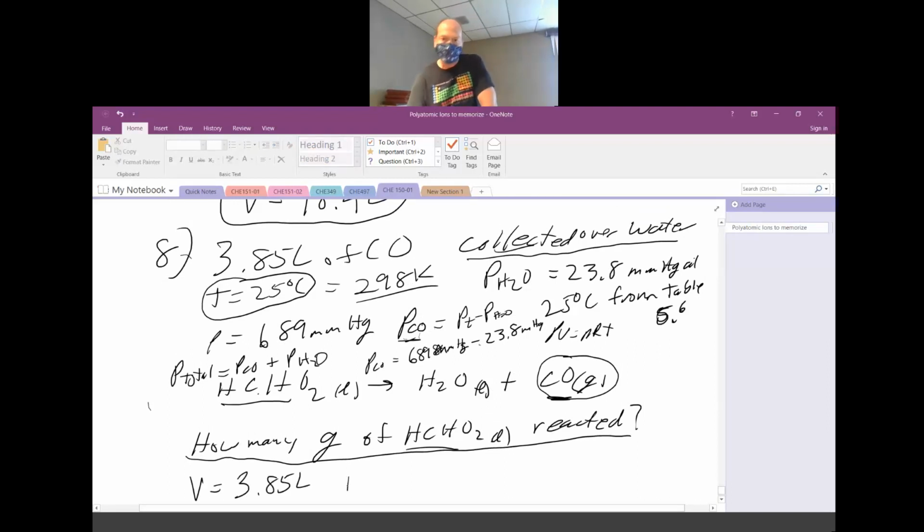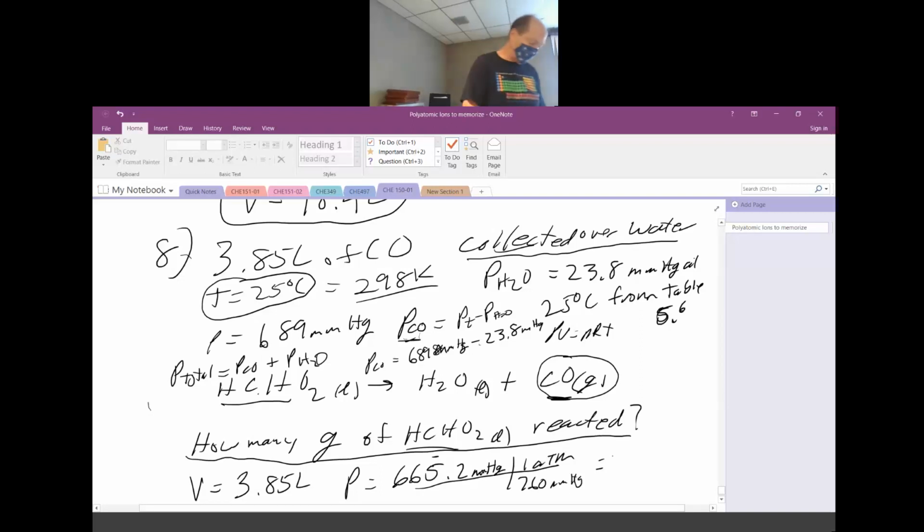For the pressure, when we take our 689 and subtract our 23.8, we get 665.2, or 665 to the correct number of sig figs. But I don't want millimeters of mercury, I know that has to be in atmospheres. Divide by 760 millimeters of mercury in 1 ATM. When I divide that by 760, I give my answer to 3 sig figs, 0.875.